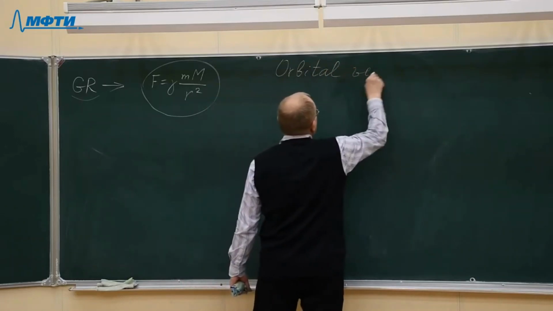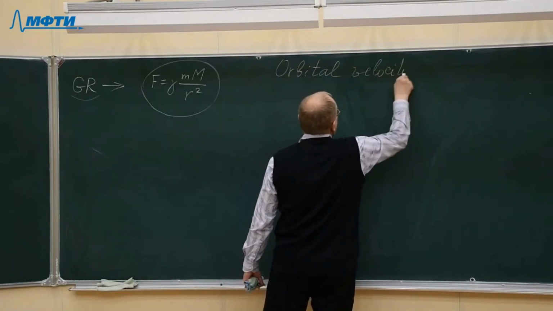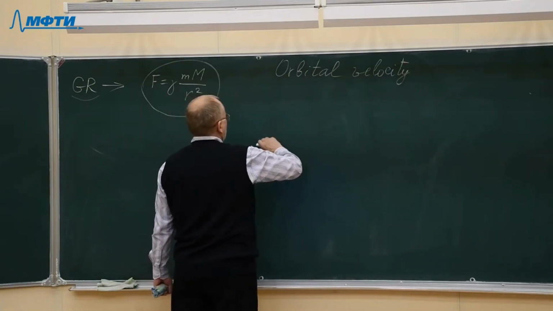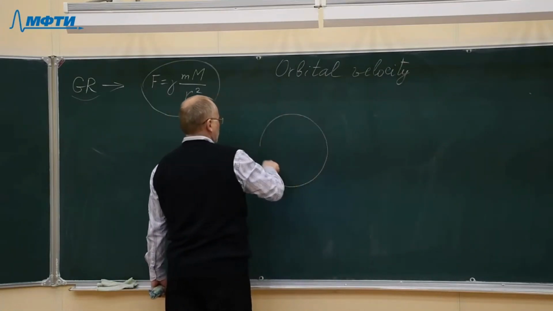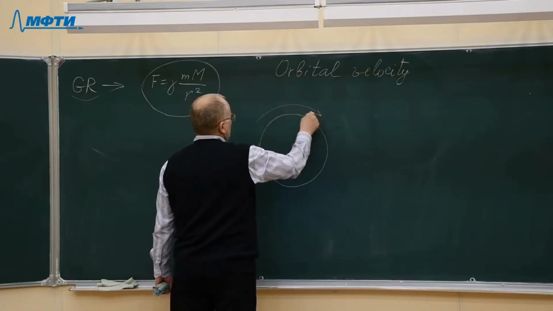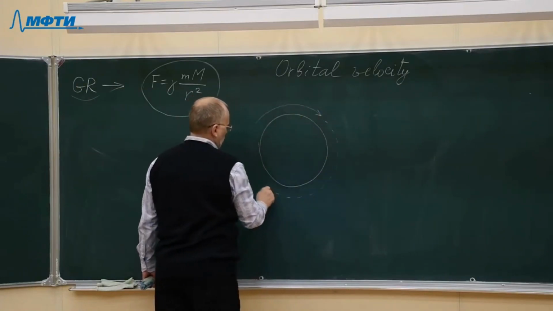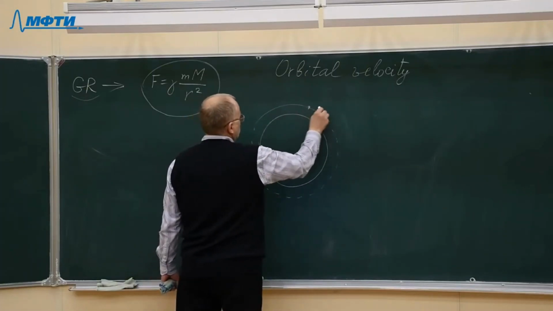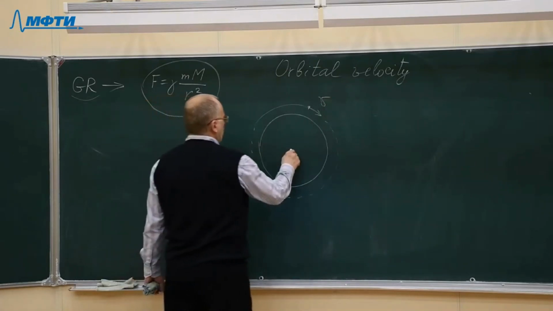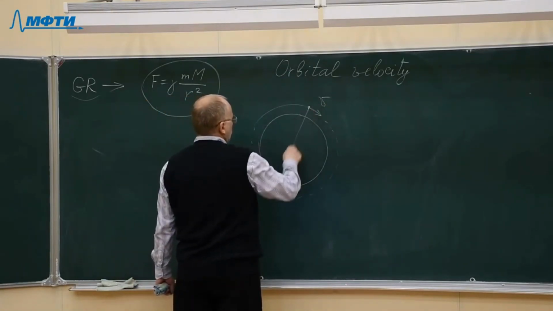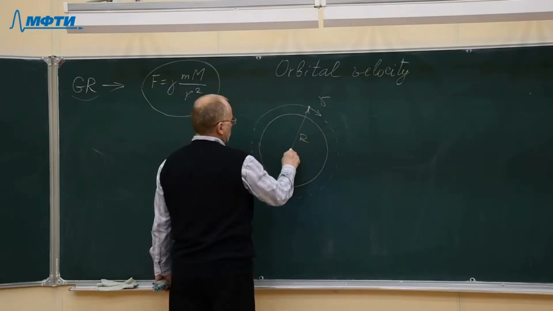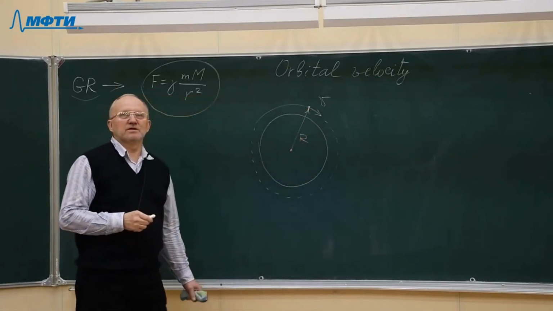When a satellite moves around the Earth along a circular orbit, the satellite has some velocity, and its orbit has some radius, that is the distance from the center of our planet.